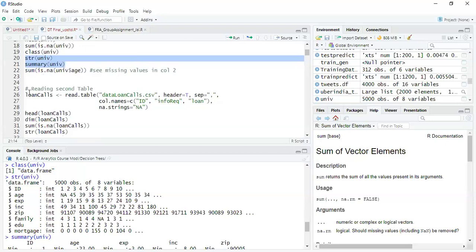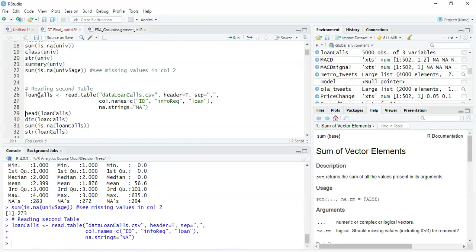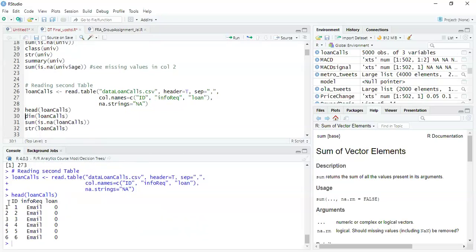Then let us look at the second table, which I am calling loan calls. We have only three columns: ID, info, and rec, which means let us say the bank has called the individual applicant to know some more details. So how did they contact the applicant?